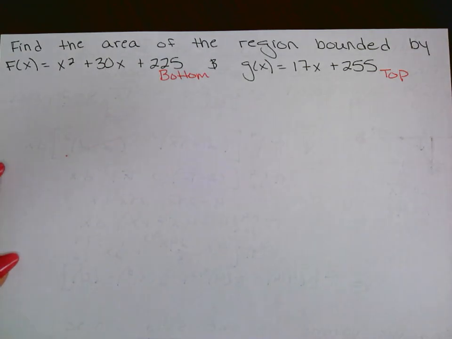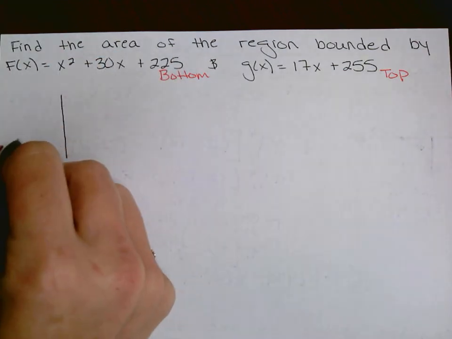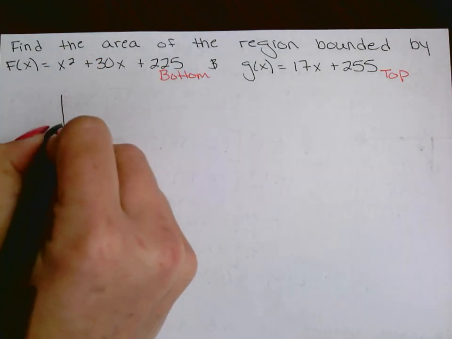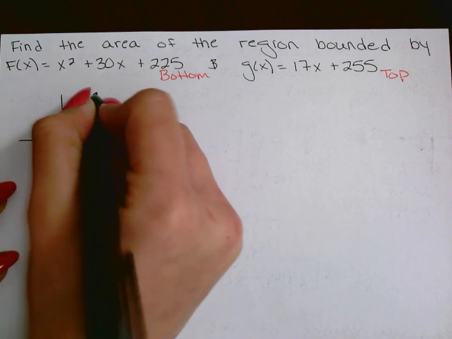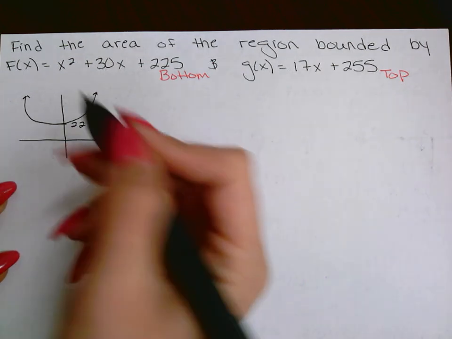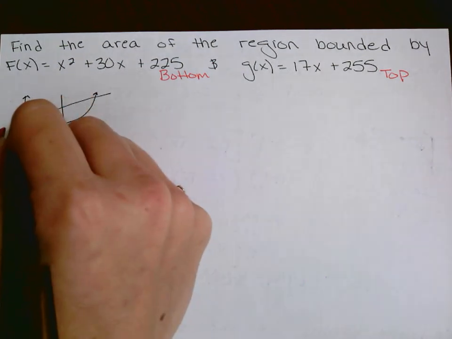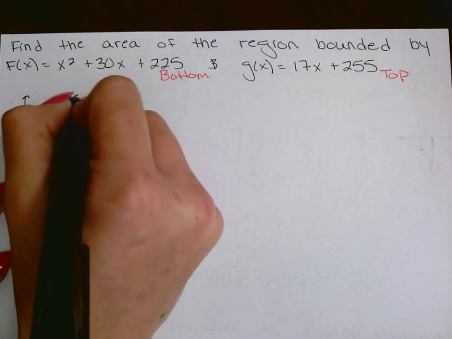So we didn't have to draw, and you figured out who top was and who bottom was. Okay? I will still draw so you have an idea. So let's say this is 225. And then let's say this was 255.